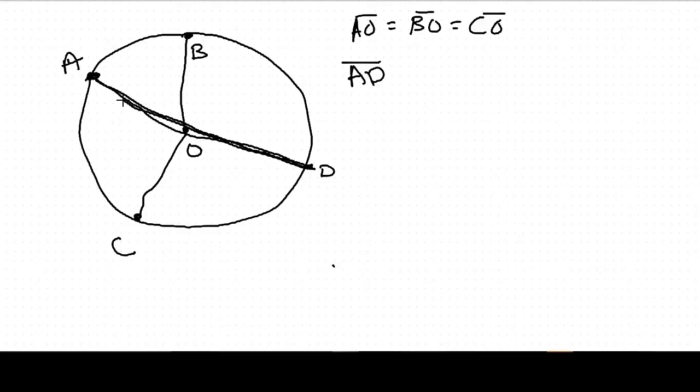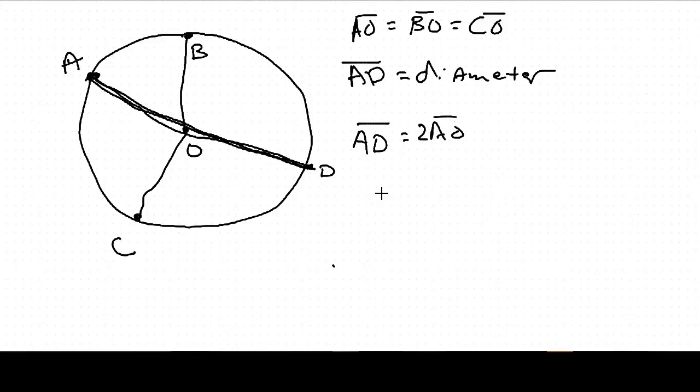I know, but it's just like the radius twice. Right, that's a diameter. And you're right. So AD would be equal to AO times 2. Right? Because 2 radiuses is equal to a diameter.